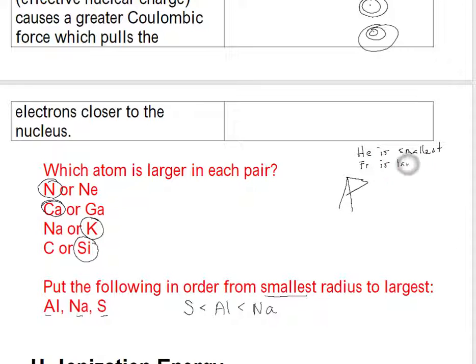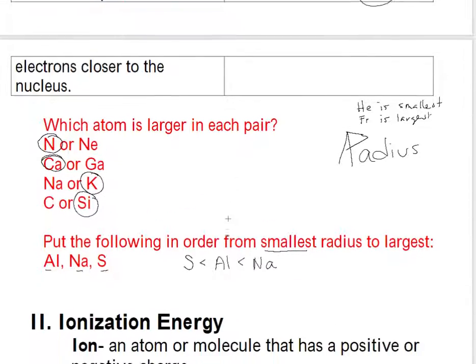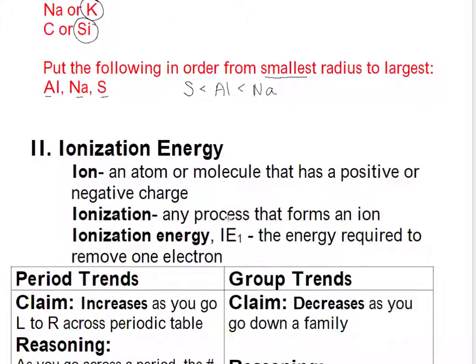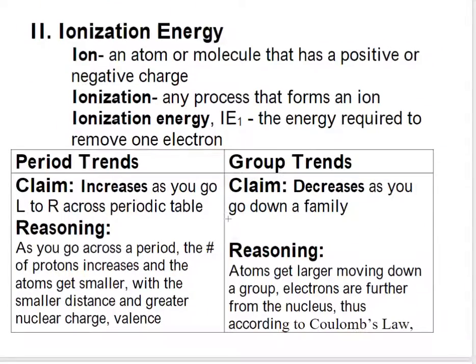Francium is largest, and this weird symbol almost looks like an R for radius, and that might help you remember the trends. So top right is going to be the smallest, bottom left is going to be the biggest for radius. All right, and most of the other trends are the opposite of that. So if you memorize radius, you can know what the ionization energy and electronegativity are.